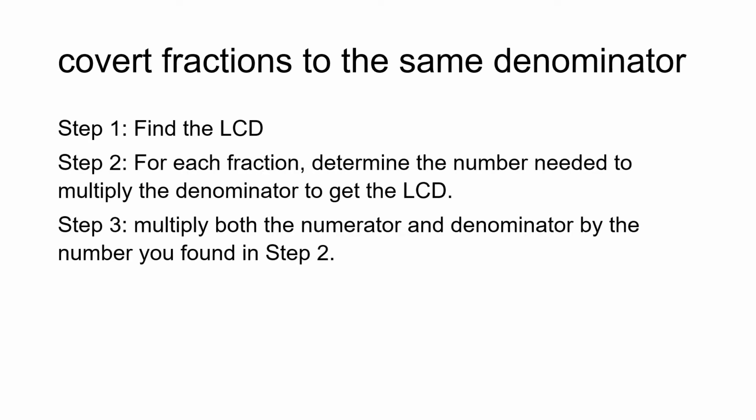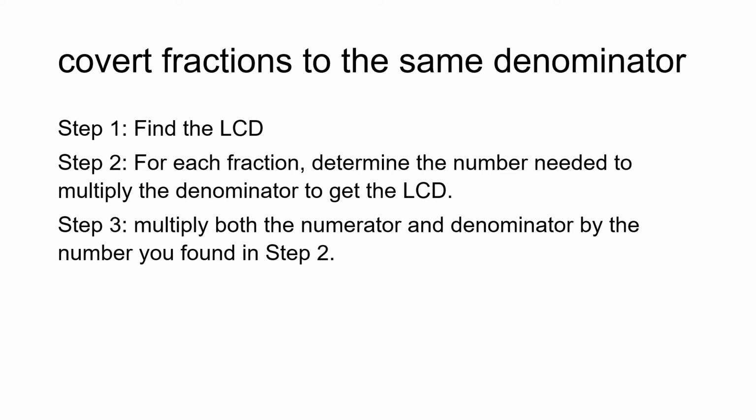How to convert fractions to the same denominator. First, find the LCD or LCM of the denominators. Up to you. I like to say LCD better. Step 2: for each fraction, determine the number needed to multiply the denominator by to get the LCD.